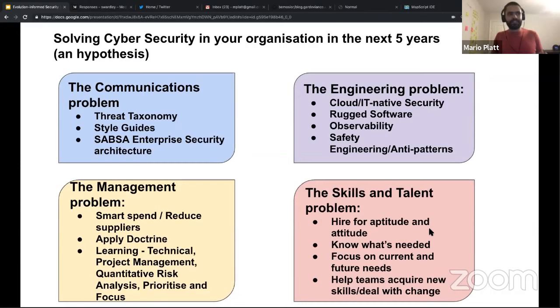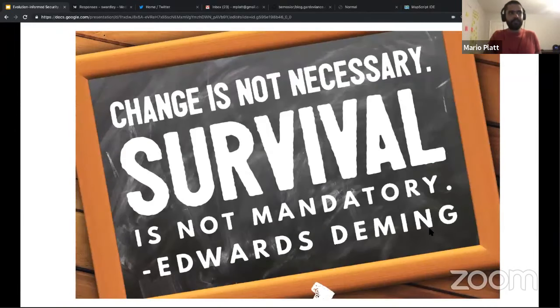And finally, the skills and talent problem. So hiring for aptitude, attitude, understanding what's needed, focusing not only on the current needs of the market, but on the future needs, because you don't want creative destruction to be affecting you, right? You still want to be here and have a job tomorrow and have skills that are relevant for the jobs, and helping the teams handle that change and deal with that change, which isn't always easy.